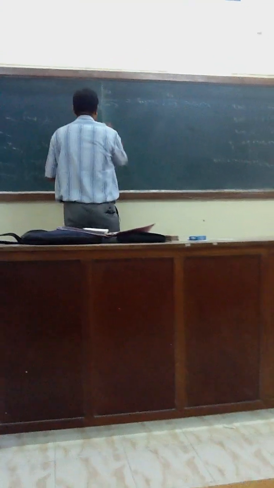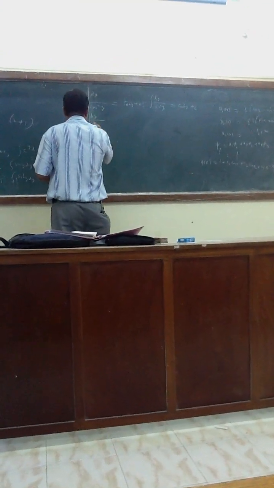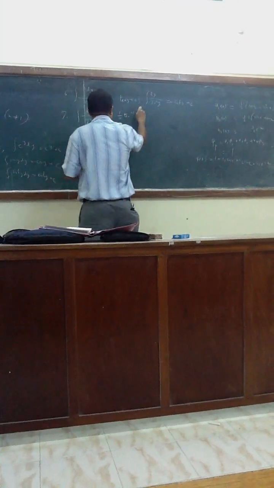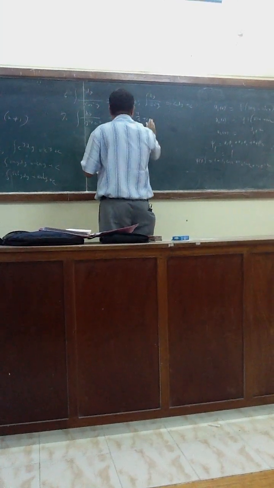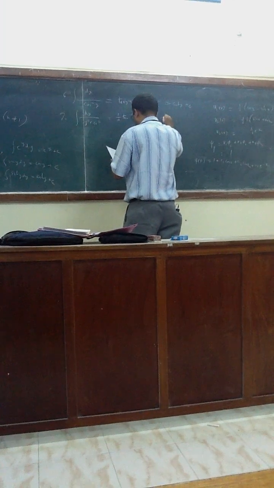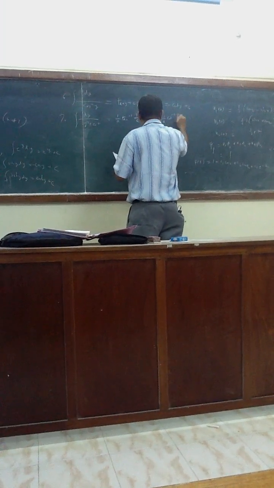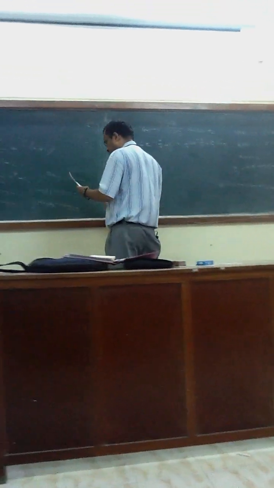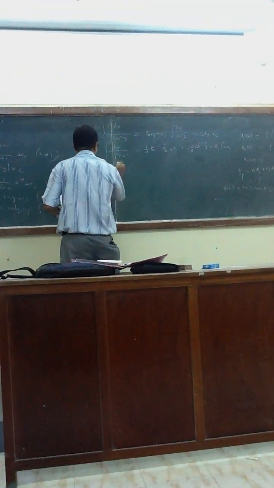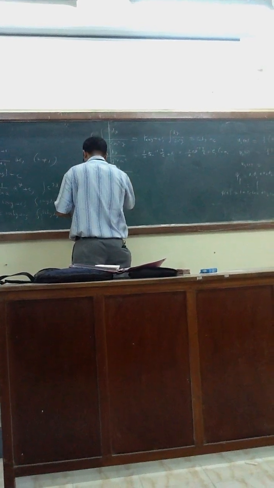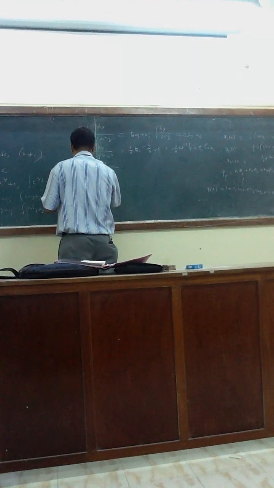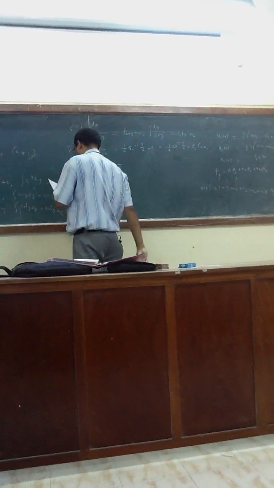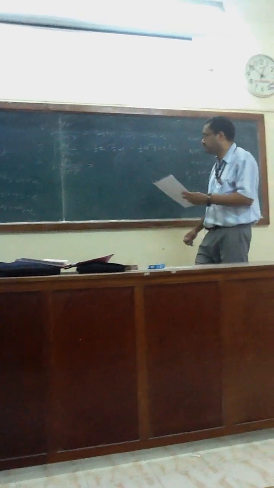The second formula: integral dy/(y^2 + a^2) is (1/a) tan inverse(y/a) plus c, which is also minus (1/a) cot inverse(y/a) plus c, a greater than 0. Number 8, integral dy/sqrt(a^2 - y^2), what's the formula? Do you remember?